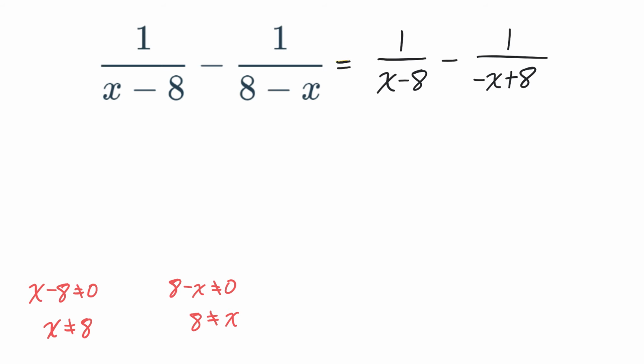Factor out -1. Because what happens when you factor out a -1? Everything's signs change, right? So here's what this would look like. Negative x minus 8. The x would change to positive, the 8 would change to negative.